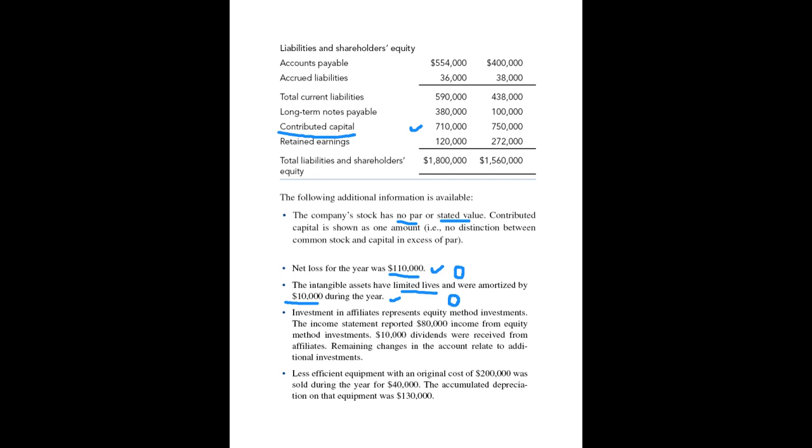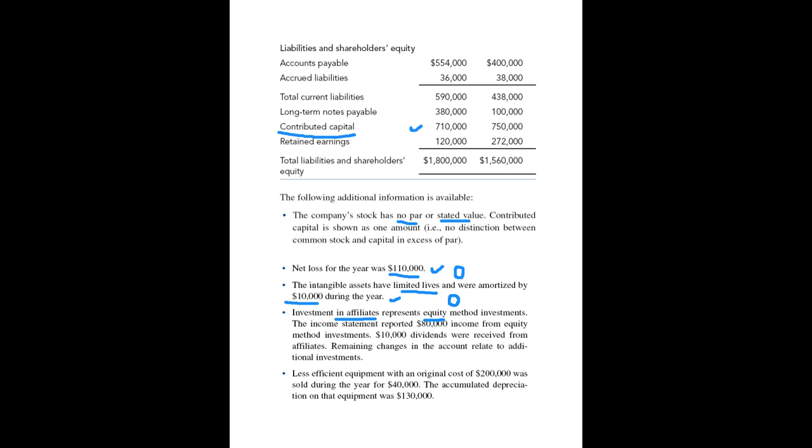Before moving on, let me explain the concept of what investment in affiliates means. It means that this company, Ellen Company, has invested in the shares of other companies, because they write equity method, so that's why I know that it's share investment.